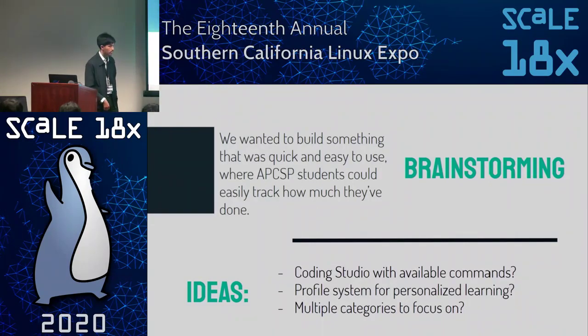So with the brainstorming stage, we wanted to make an app that allows APCSP students to determine where they are in the course and how much they understand the course. Some of the ideas that we were implementing were creating a coding studio that lets you practice with the commands that APCSP covers, which would be in JavaScript.